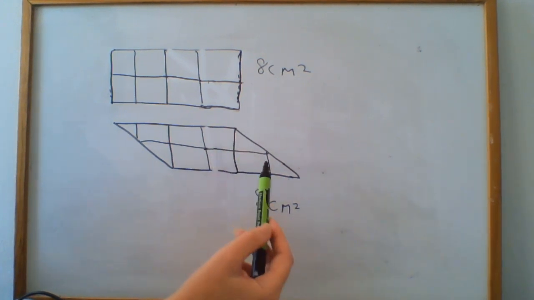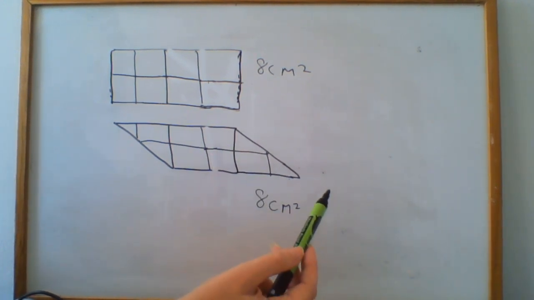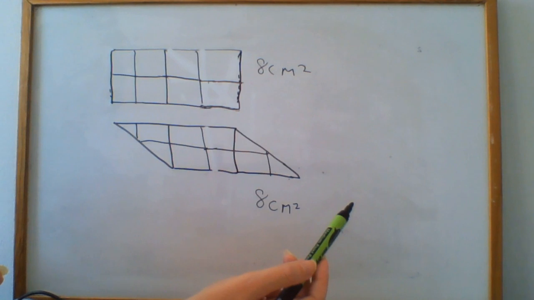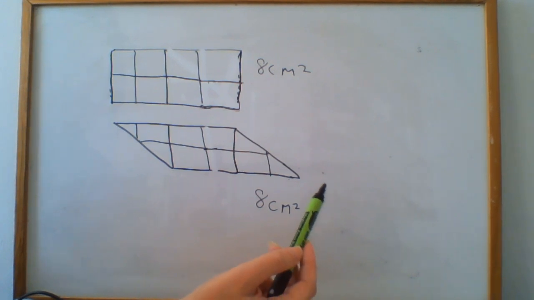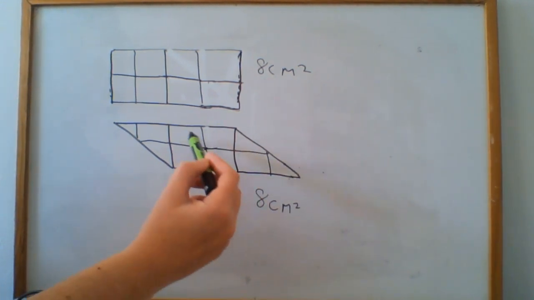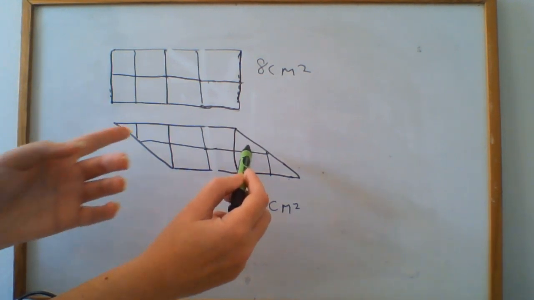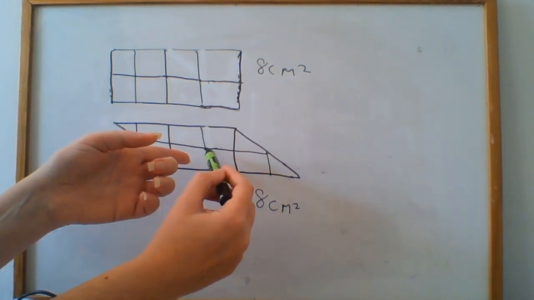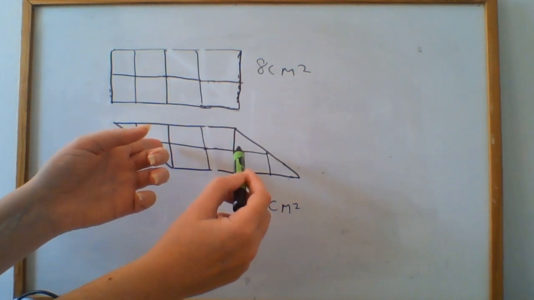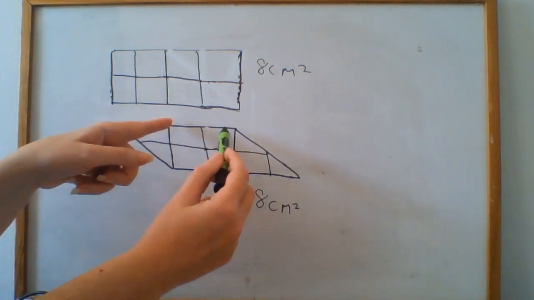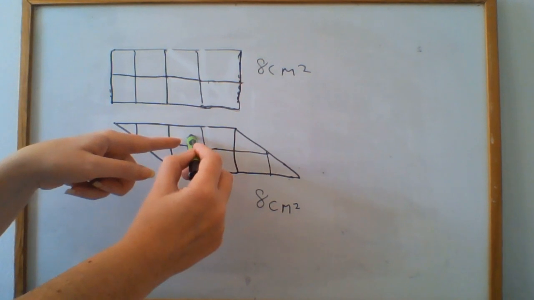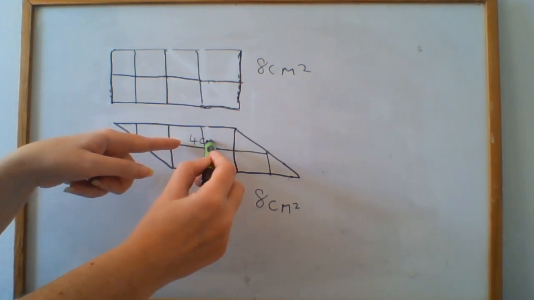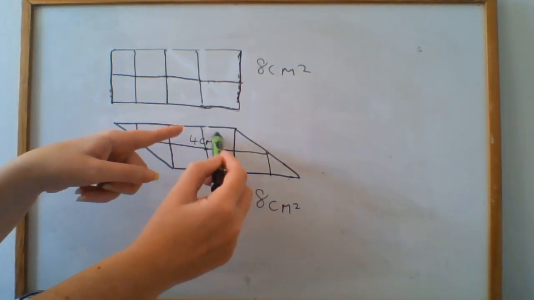We're not always going to have squares to count, so there are other ways to do the area of a parallelogram. I can see on here I've got a square and I've got 2 triangles, so I could maybe work it out. I know how to work out the area of a square, I know how to work out the area of triangles. So I could do 2 times 2 is 4 centimetres squared for my square, my rectilinear shape.